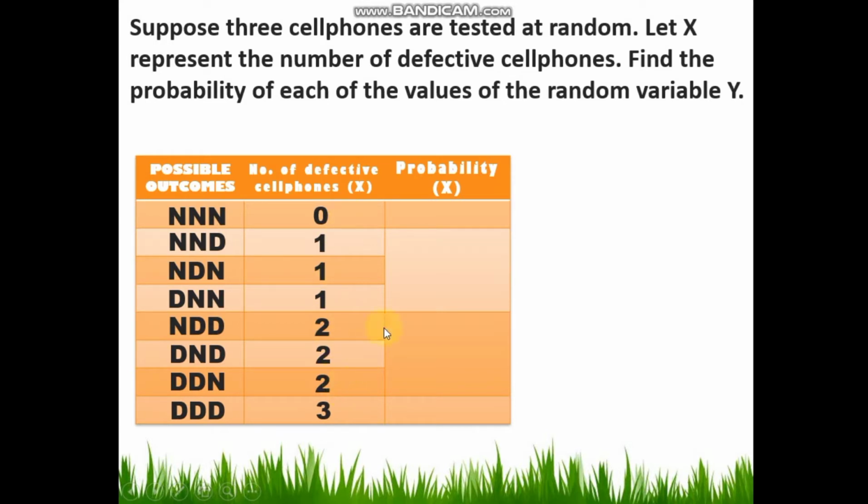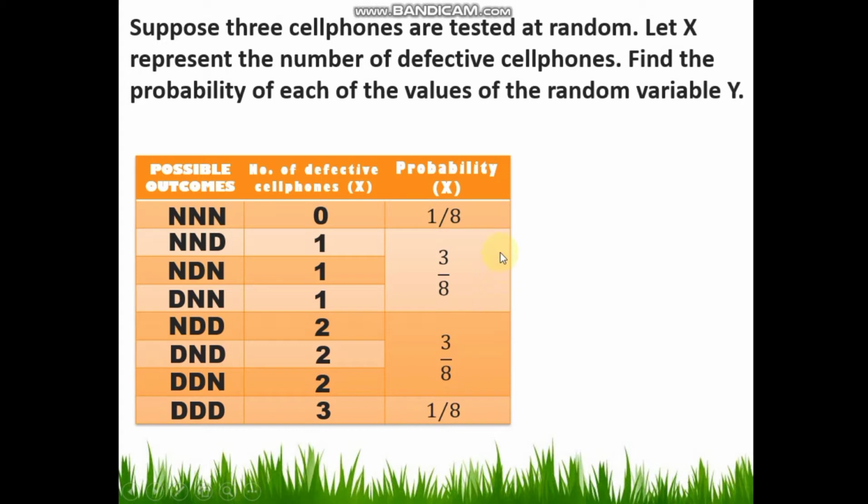So the probability that there is no defective cell phone is 1 over 8. And what's the probability that you get 1 out of all your possible outcomes? So you have 3 out of 8. Same with 2, we have 3 out of 8. And 3, you have 1 out of 8.